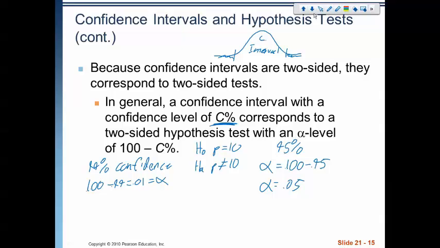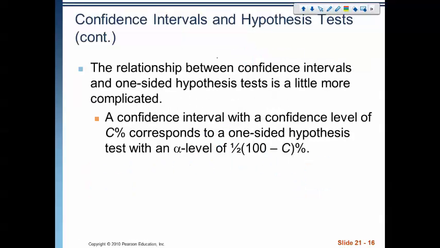On a one-sided test, remember, if this in the middle here is our confidence interval, then the alpha is these two things added together. So this is half alpha, half alpha.